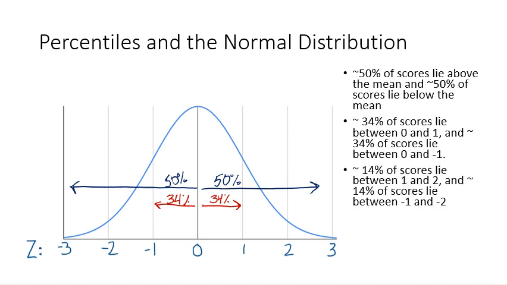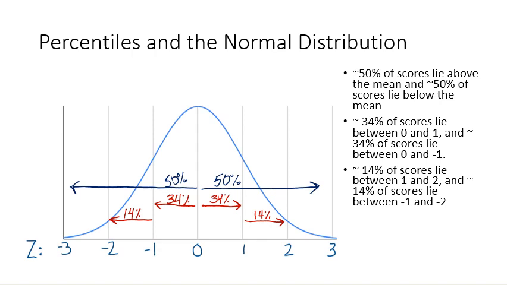We know that approximately 14% of scores lie between 1 standard deviation and 2 standard deviations above the mean, and approximately 14% lie between -1 and -2 standard deviations.